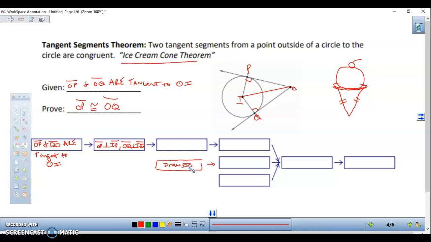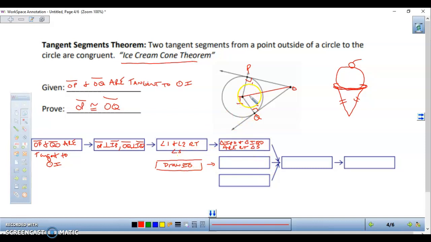All right, now, let's go back to my train of thought. Sorry about that. I'm going to call this angle 1, and I'm going to call this angle 2. Well, I know by the definition of perpendicular that angle 1 and angle 2 must be right angles. That means that triangle IPO and triangle IQO are right triangles.